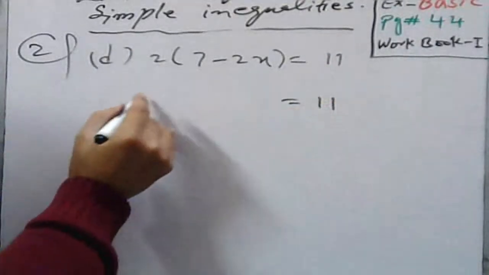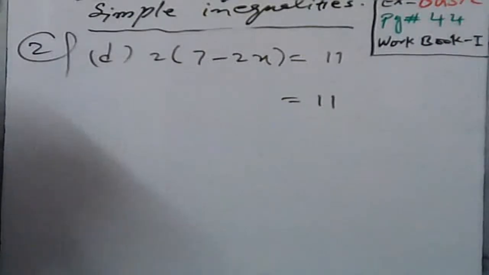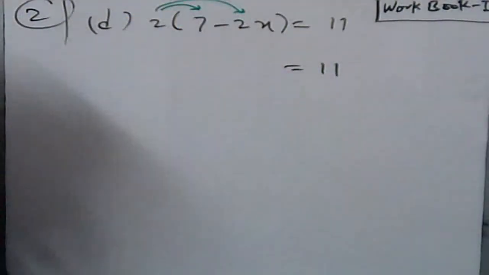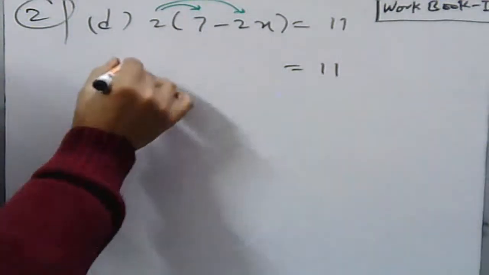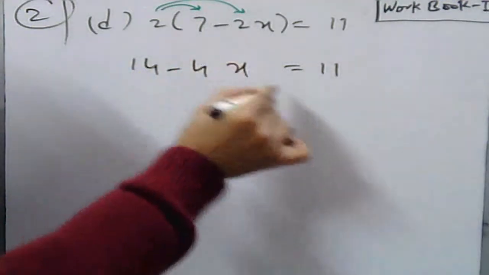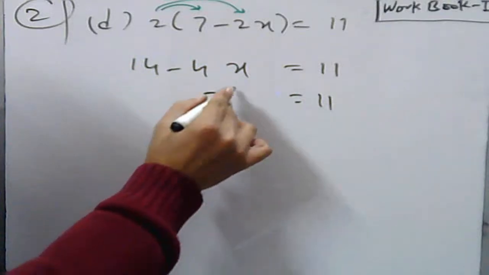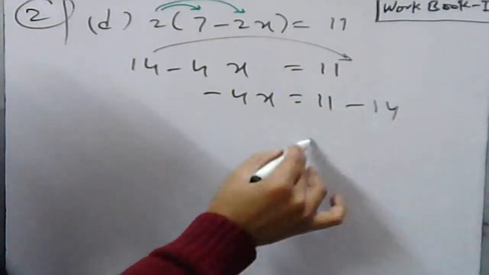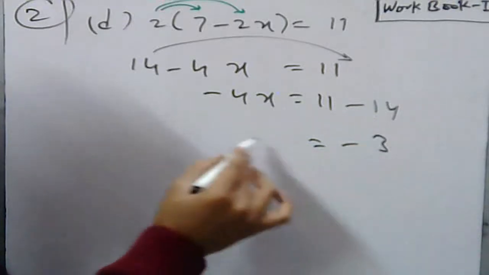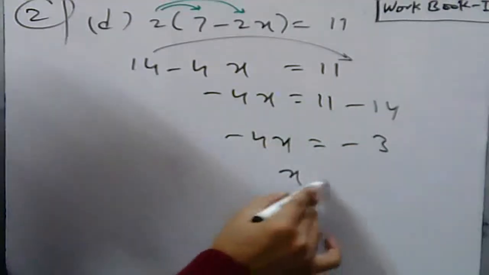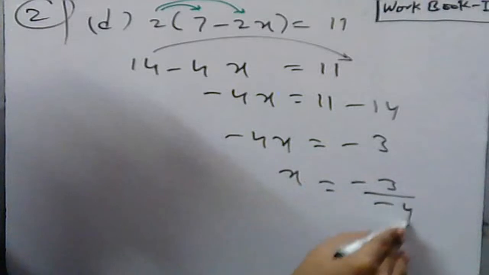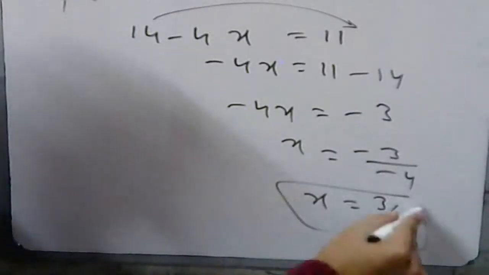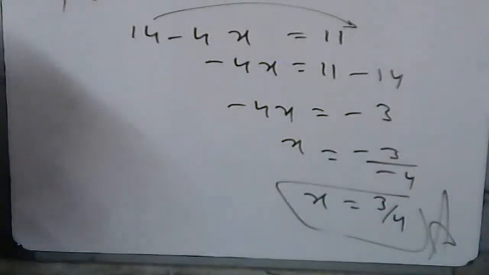So multiply 2 with both terms, so you will get 7 2s are 14, 2 2s are 4x, so minus 4x, and this one will be shifted here, so minus 14, the greater value sign should be used here, minus 3. So the value of x is minus 3 by minus 4, so minus minus will be cancelled, so 3 by 4 is your required result.